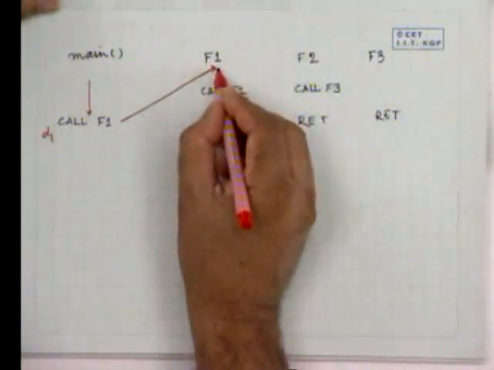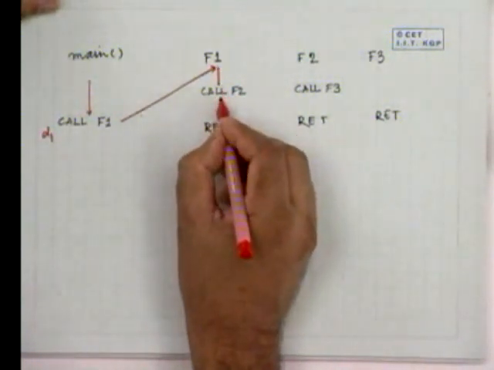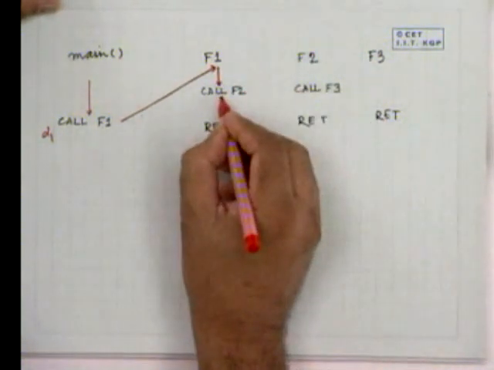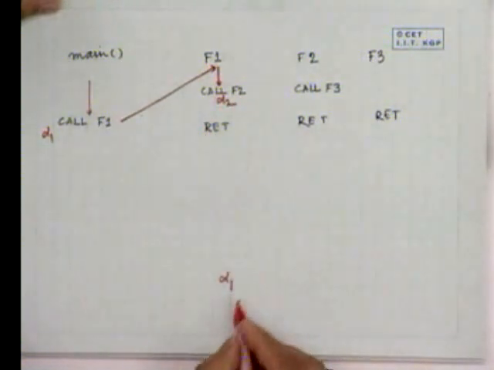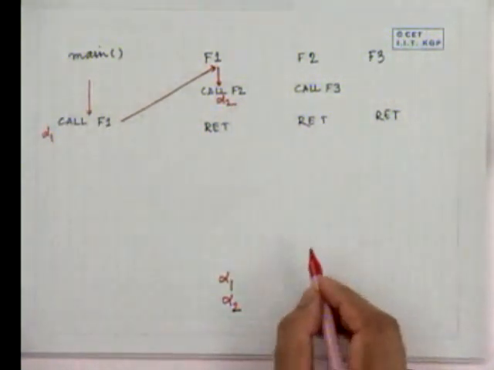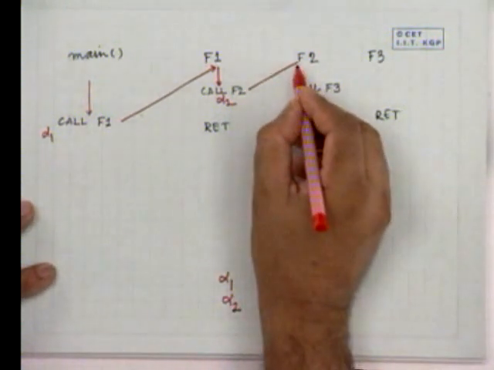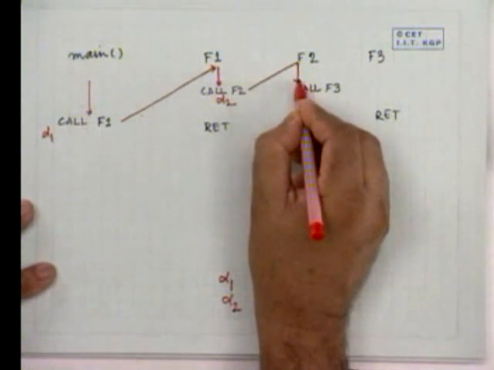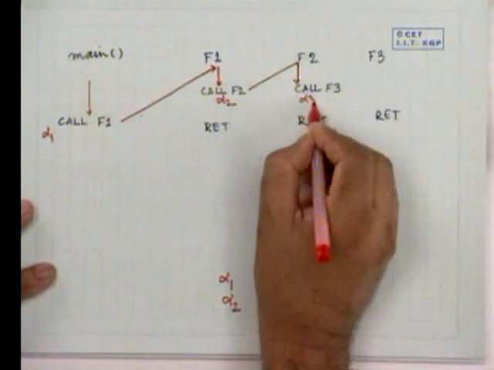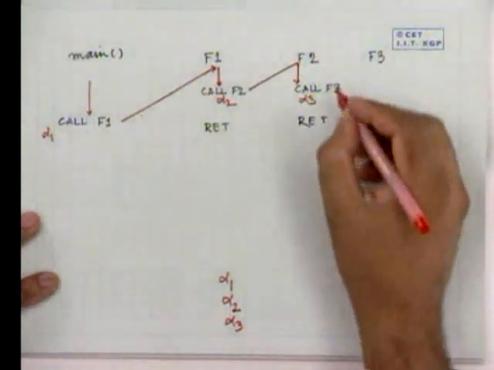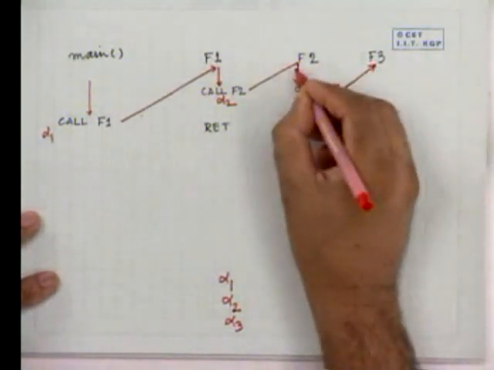When it calls, control comes to F2, so the return address is alpha 2, then this alpha 2 is stacked. Then the control comes from here to F3, so the return address is alpha 3, that is stacked, and the control flows over to here.